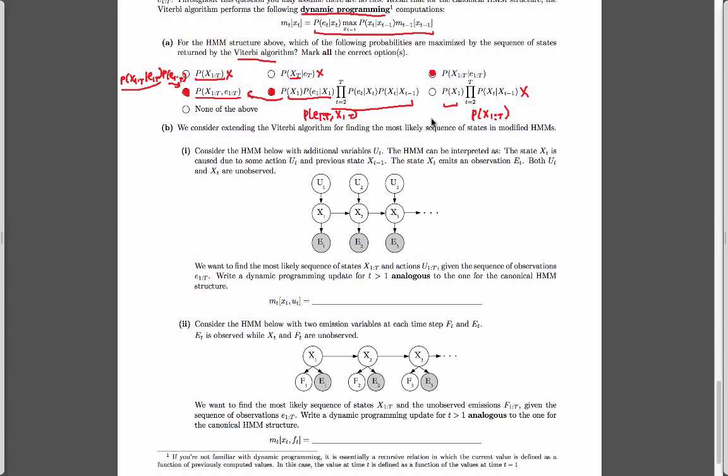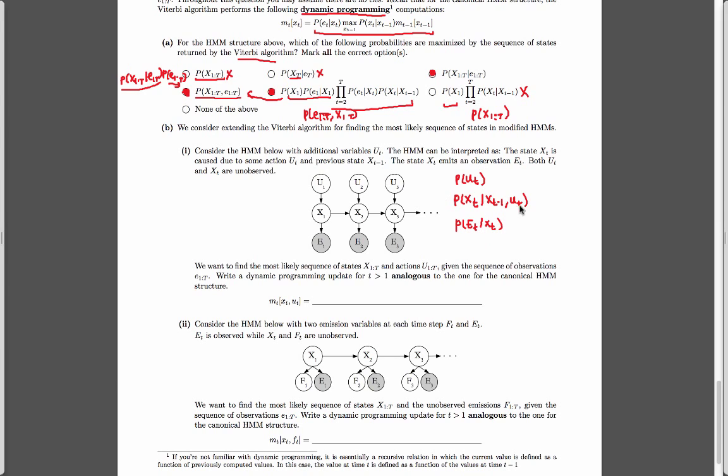So as above, let's first write down the conditional probability tables in this Bayes-Net that we are given. First we have the probability of u_t, the probability of u at a given time step. Then we also have the probability of x_t given the parents of x_t, which are going to be x_{t-1} and u_t. And finally, we also have the probability of e_t given x_t.